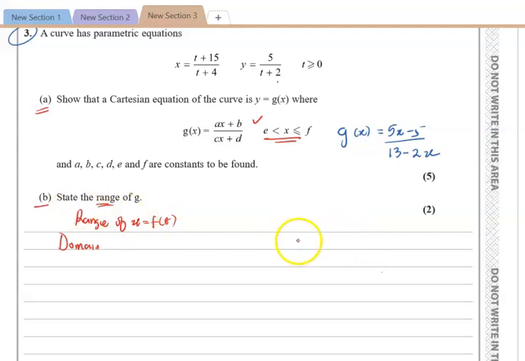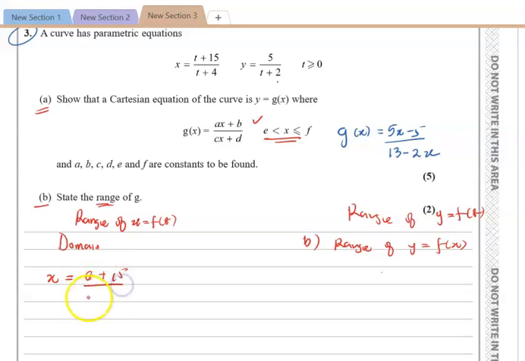And to find part B, the range of y as a function of x, we need the range of y as a function of t. That means we are going to find the range of t plus 15 over t plus 4.